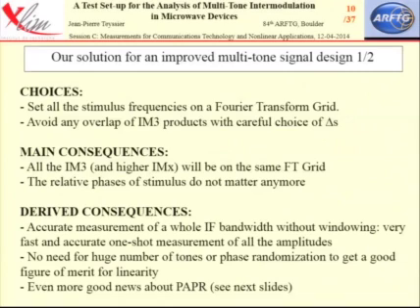So these 2 choices have some direct consequences. All the IM3 and also higher IM products will be on the same Fourier transform grid, somewhere else, but on the same grid. And the relative phases of the stimulus do not matter anymore, because I will avoid overlap.